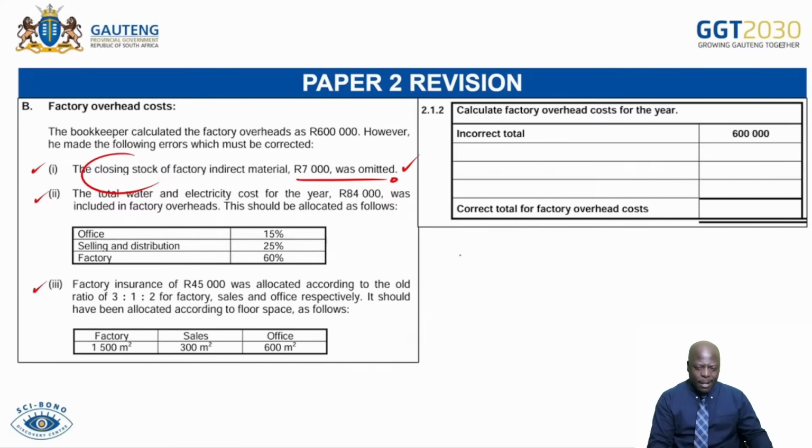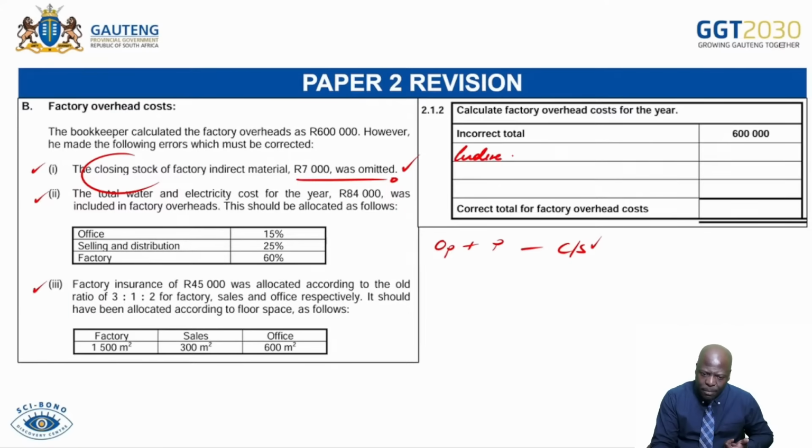You would understand that you have done some calculations where you would start with opening stock. You say opening stock plus purchases, and then you say minus closing stock. So closing stock will always be subtracted. So you would come here and then you would say indirect materials. So this indirect materials of 7,000, are we going to add it or are we going to subtract it?